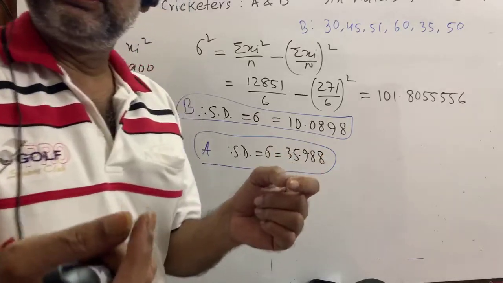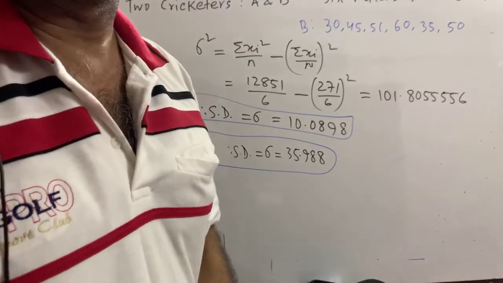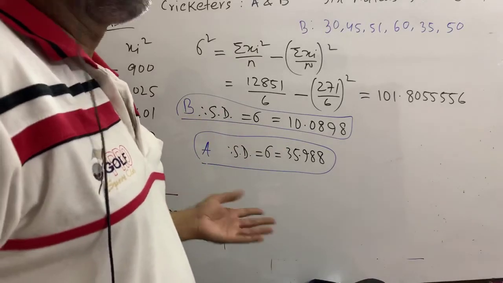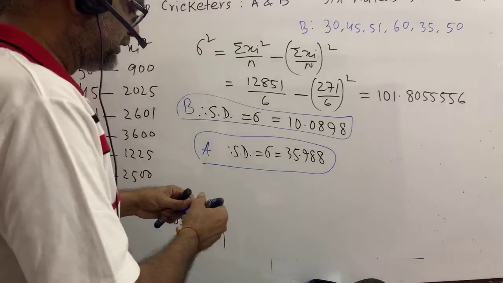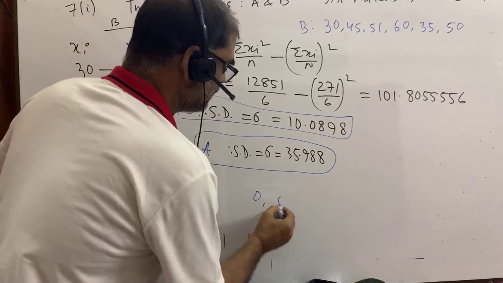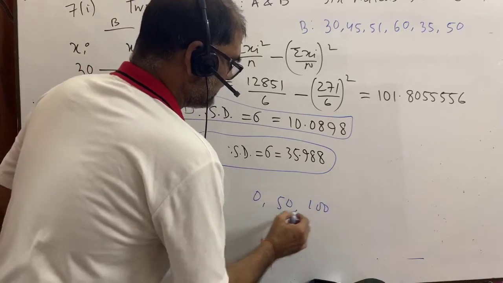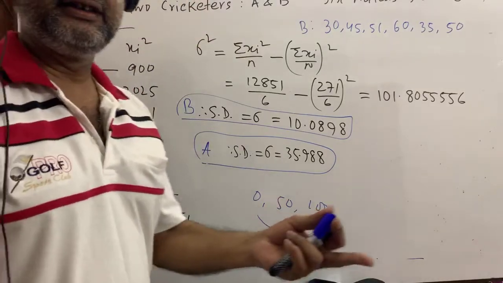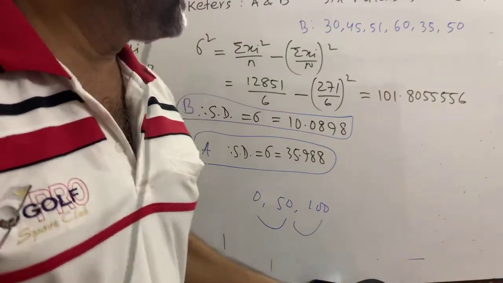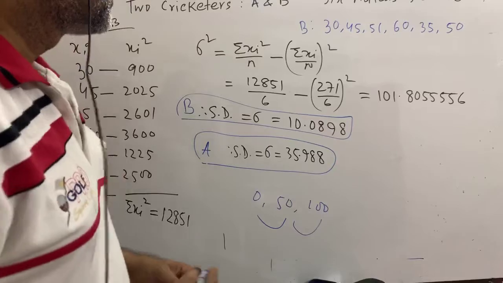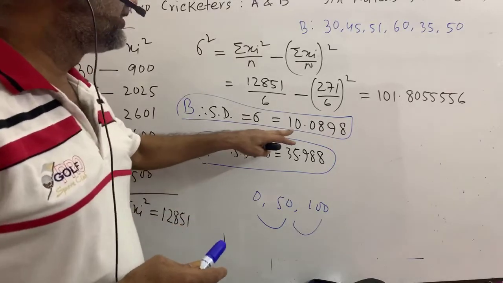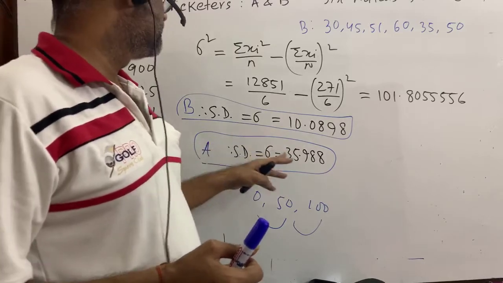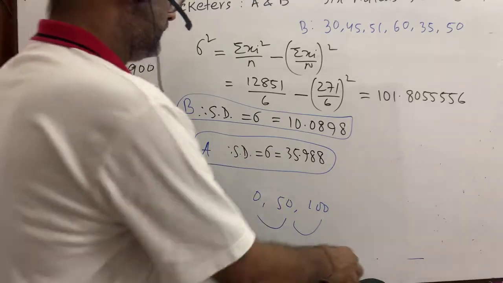If the deviation is very small, then it is the better one. If deviation is highest, what does it mean? Suppose 0, 50, 100: its deviation is 50. So it is high, so it is not accurate. Okay, now write down the answer.